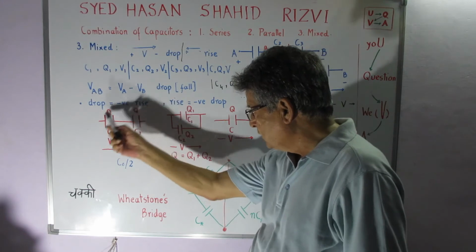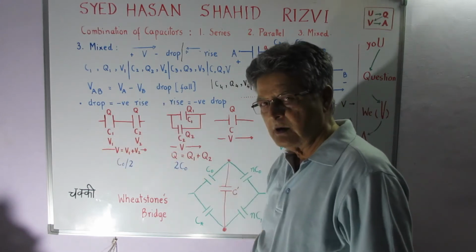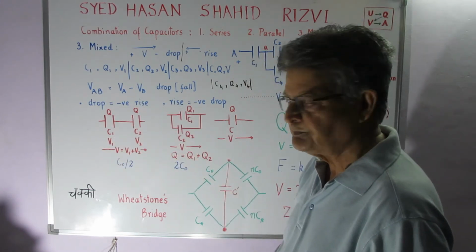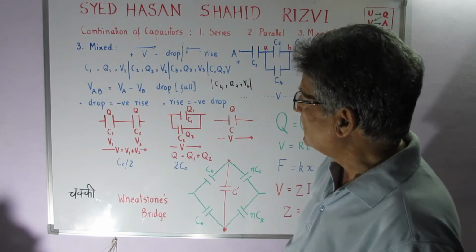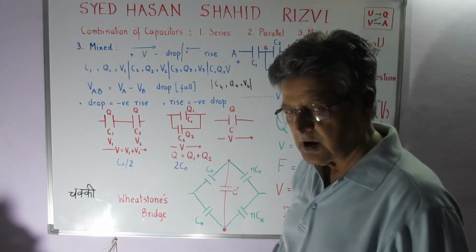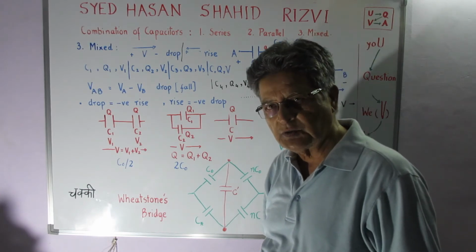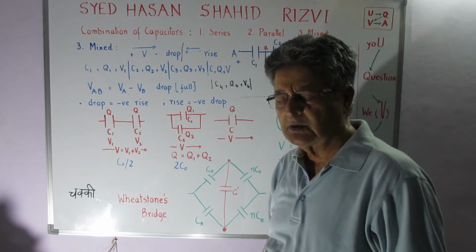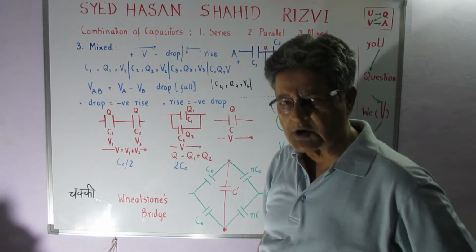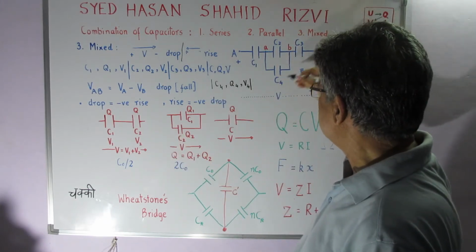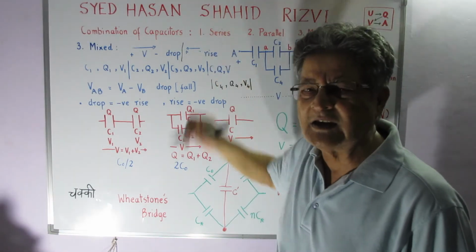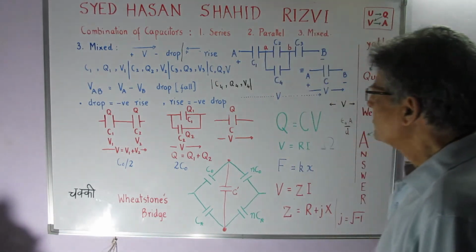Can I put C2 here and C1 here? The answer is yes. No problem. So, while doing problems like that, where the values are given to us, maybe sometimes not in numbers, but otherwise C2, C3, C4, like any kind of value.